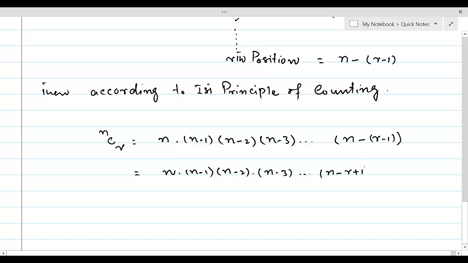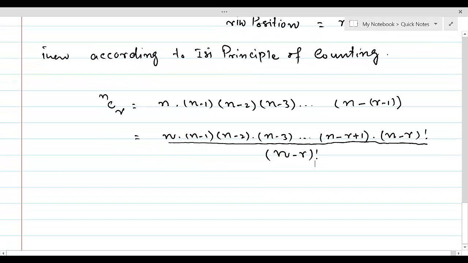And if we multiply and divide with the factorial of the element 1 less than this, that would be n minus r factorial. Because we are multiplying n minus r factorial, we also can divide this whole thing by n minus r factorial. It doesn't make any difference if we divide and multiply with the same number. But what is the advantage of this multiplication?